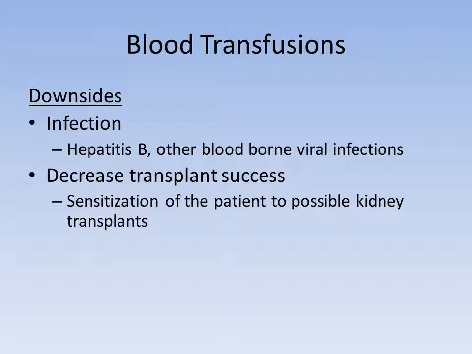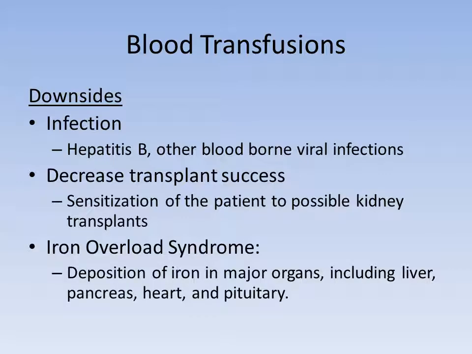This is called sensitization, and if your dialysis patient becomes sensitized to common proteins, then it becomes very difficult to find them a kidney transplant. And finally, prior to the introduction of erythropoietin, many dialysis patients developed what was called iron overload syndrome.